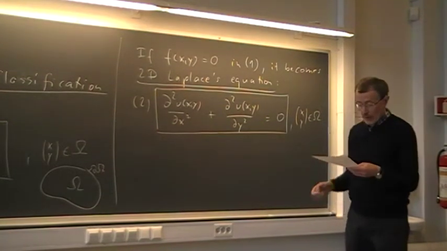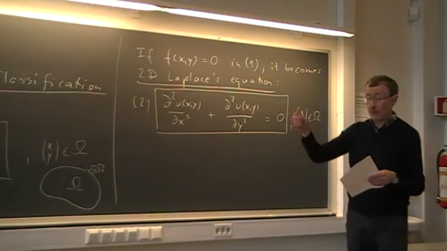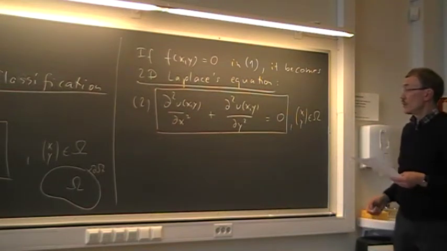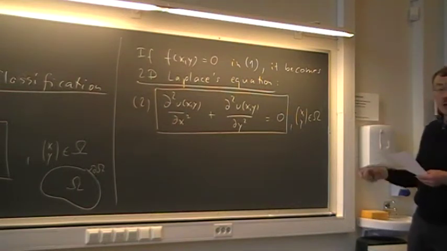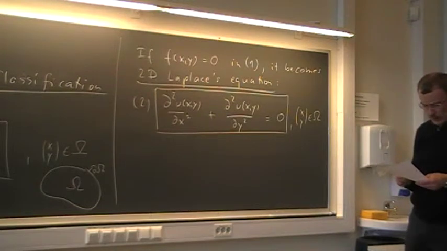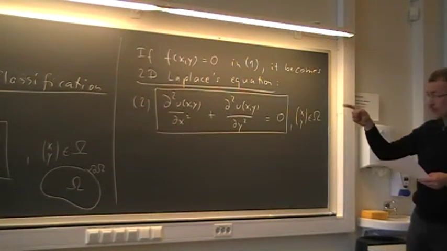It is named after Laplace, who was also a French mathematician and physicist. Poisson was the younger one.